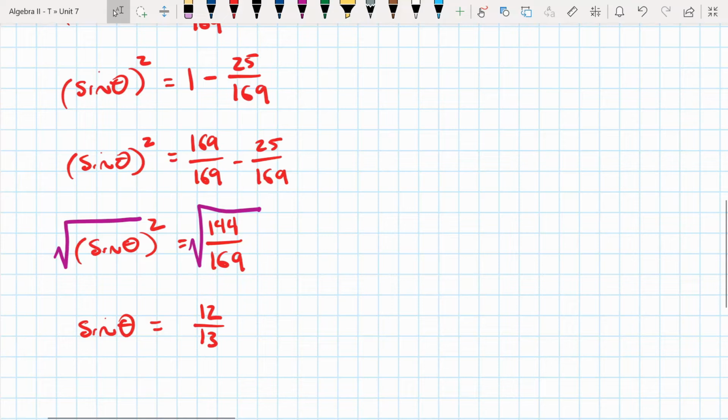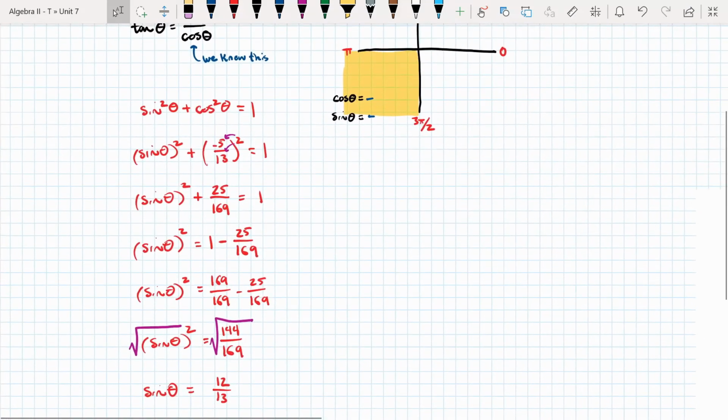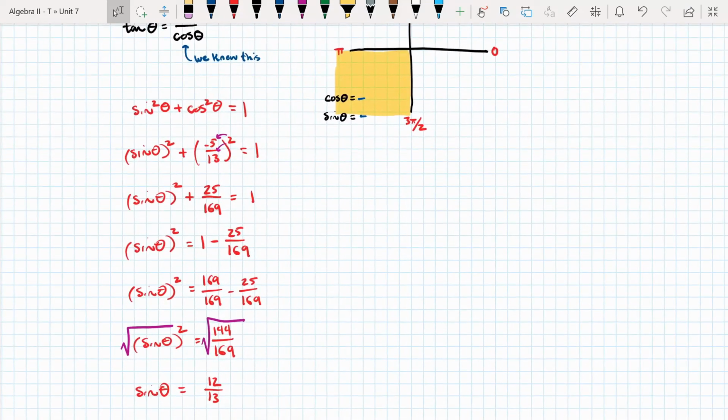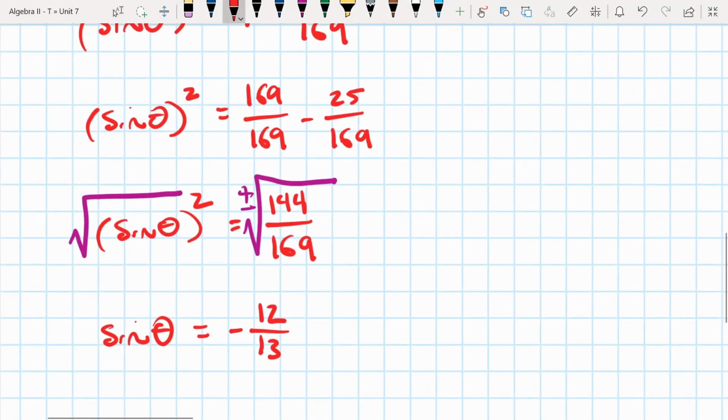Okay, and the tricky part about this is, let's go back to the unit circle, or this drawing we made earlier. Remember that when you take the square root, there's always a plus or minus in the front. Okay, but the idea here is we're actually just going to use the minus term because we're dealing with sine values in the third quadrant. So this has to be a minus. Okay, so that's, I think, the tricky part about these questions.